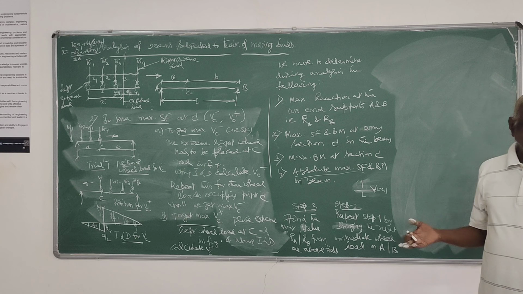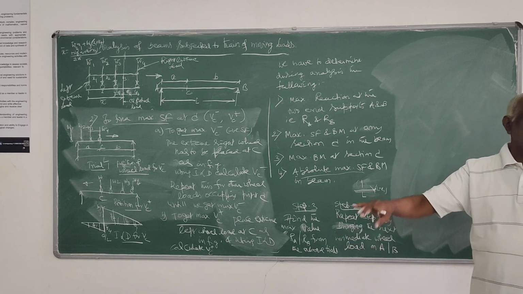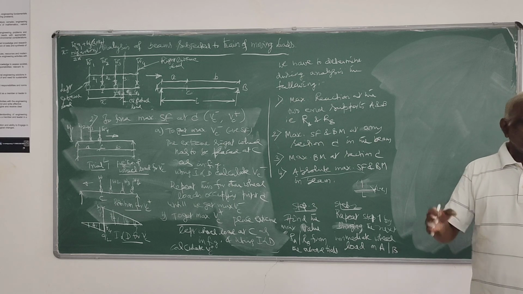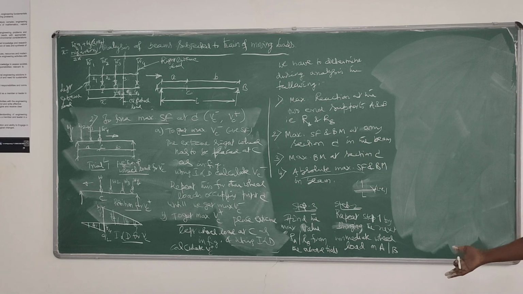That is, the average load on the left side should be equal to the average load on the right side. That same criterion we use here also to get maximum bending moment, and to place the load we use that criterion.